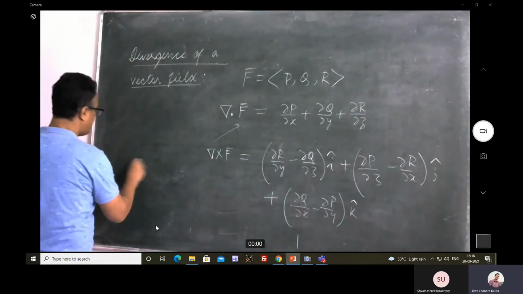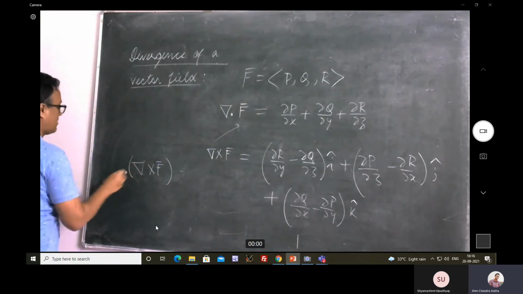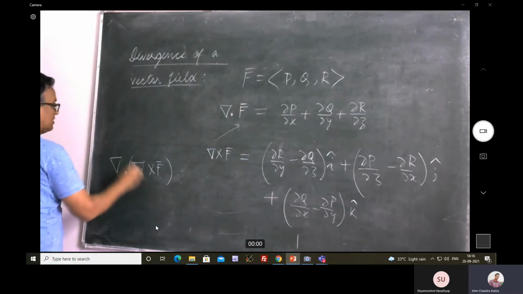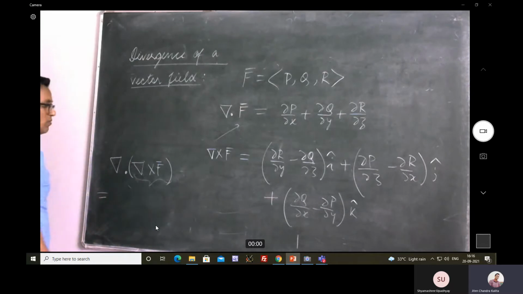Now if you have to find the divergence of this function, what is this going to be?